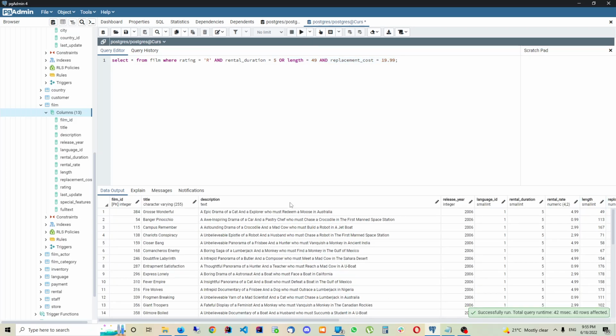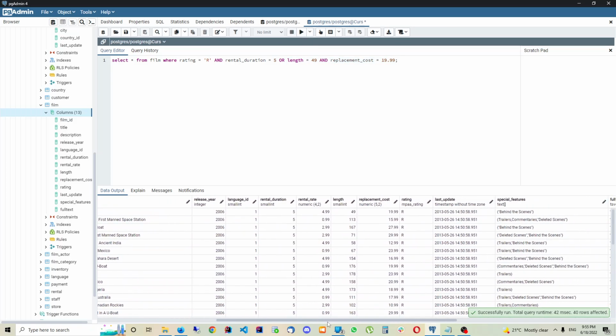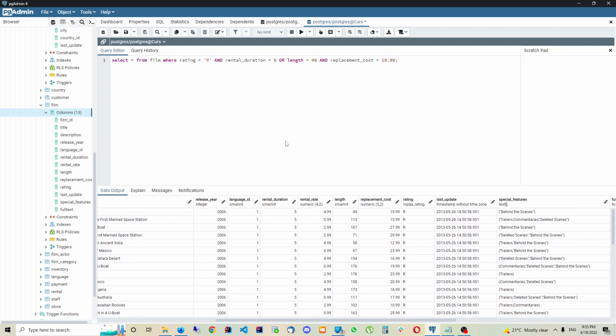So if I type here, let's try to examine. So I have this, rental duration is 5 and rating is R, but I can see here maybe only one movie has 49 and replacement cost is 19.99.